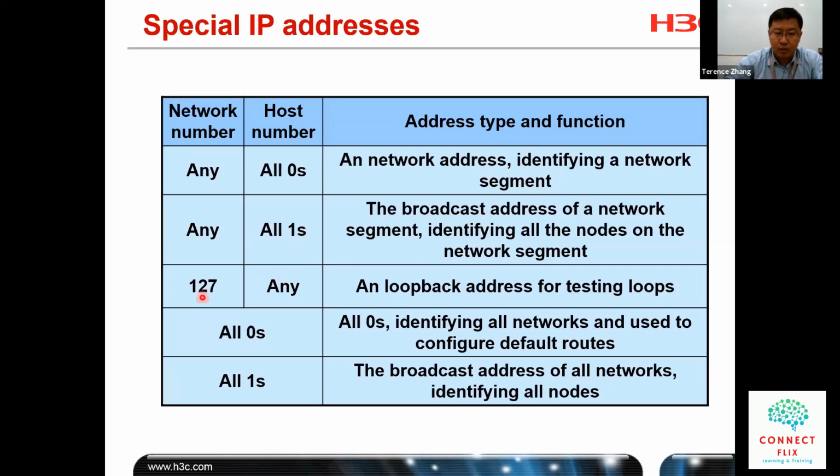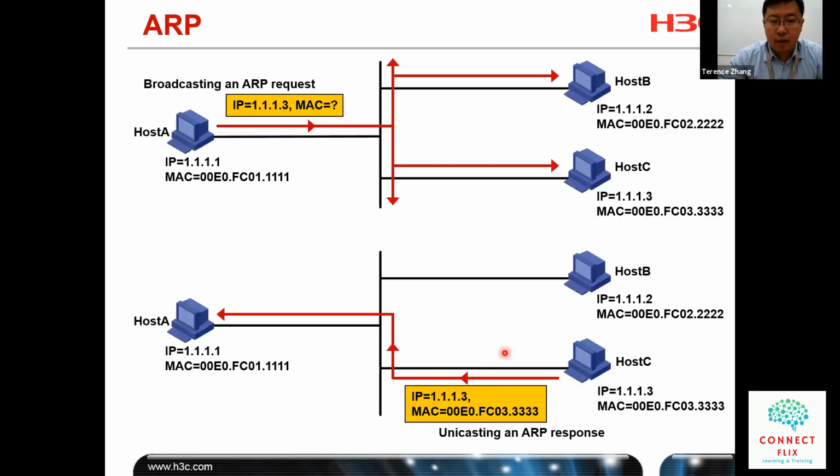And if the address starts with 127, it's a loopback address for testing. It's not used for building a network. All 0 means all networks, logically, and all 1 means the broadcast address of all networks. So these are the special IP address rules, right?